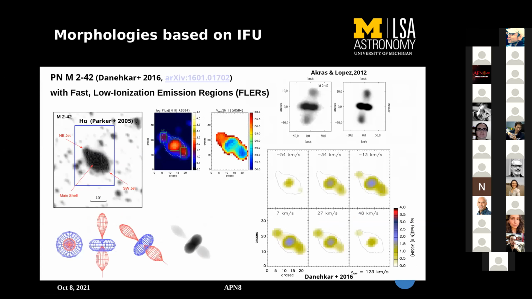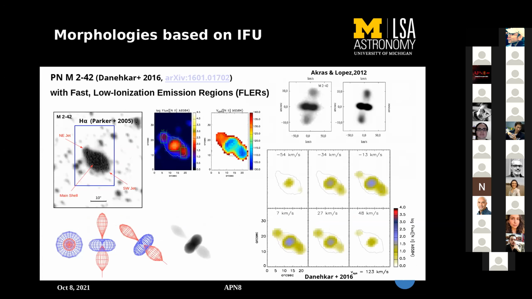The other object which I studied was M2-42, which I did in collaboration with Quentin Parker and Wolfgang Steffen, and we studied this object using IFU. Previously, this object was studied using long-slit observations in 2012, and they found that there is also a jet.